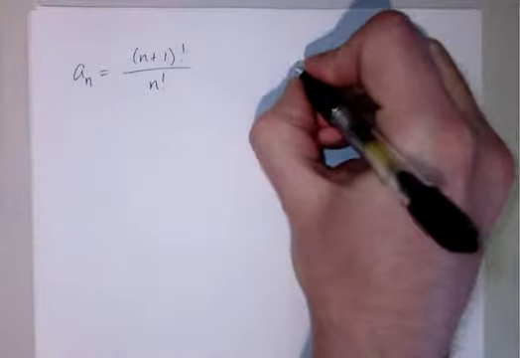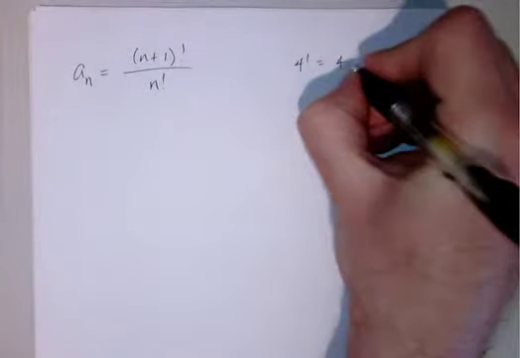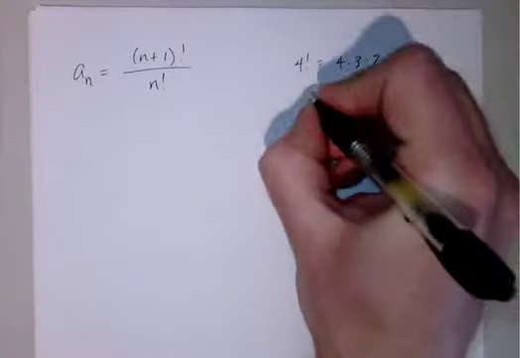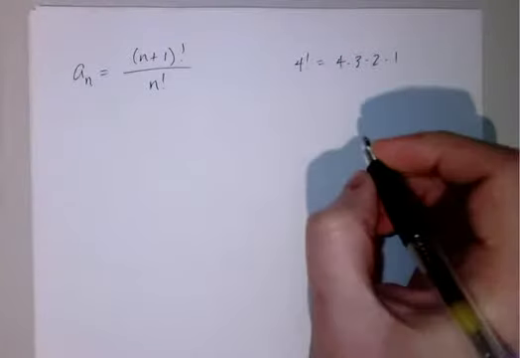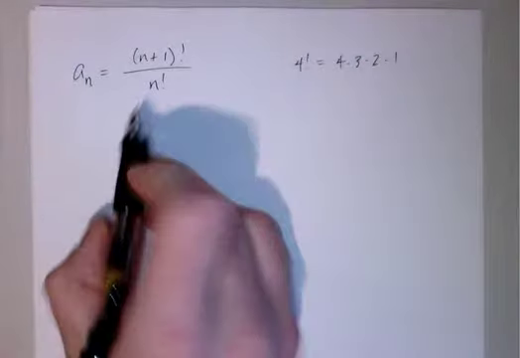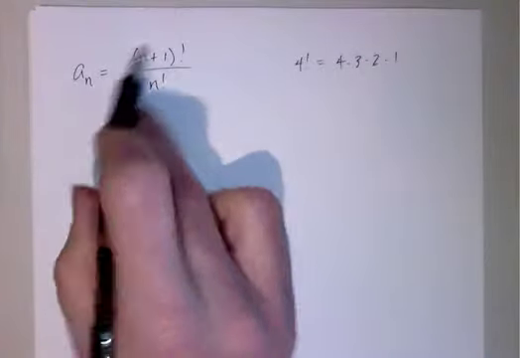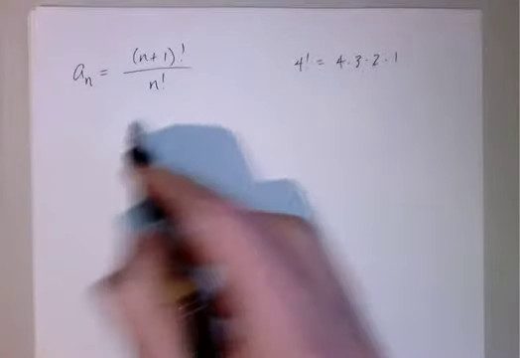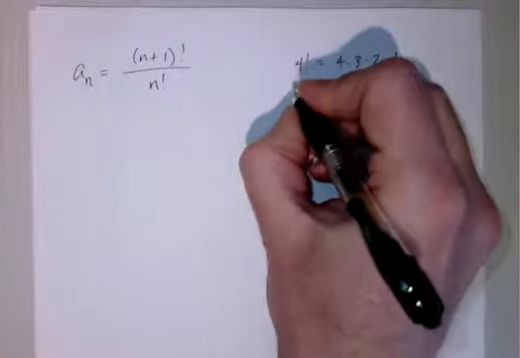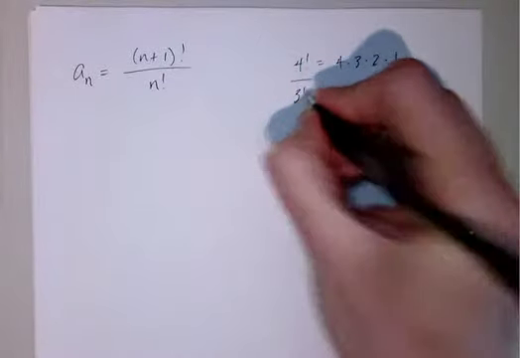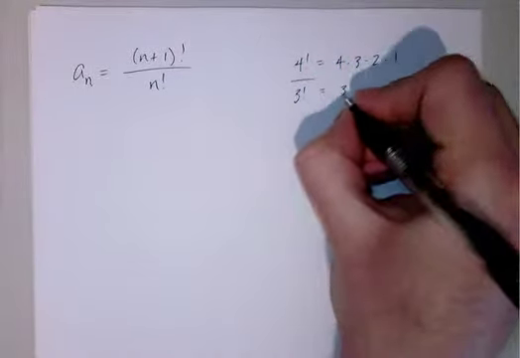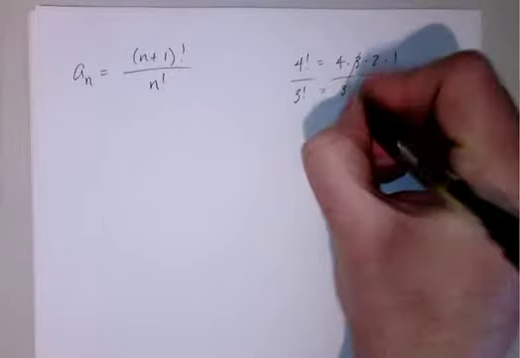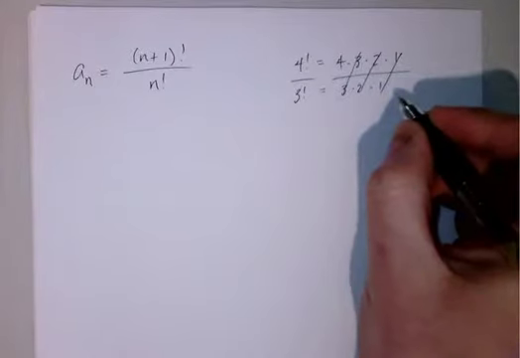And so we have, 4 factorial is 4 times 3 times 2 times 1, and 5 factorial and all that sort of fun stuff. So let's say all we know is that what's being done in the numerator is 1 greater factorial, right? So if the numerator is 4 factorial, the denominator is 3 factorial, right? And that's 3 times 2 times 1. Do you see how that happens right there?